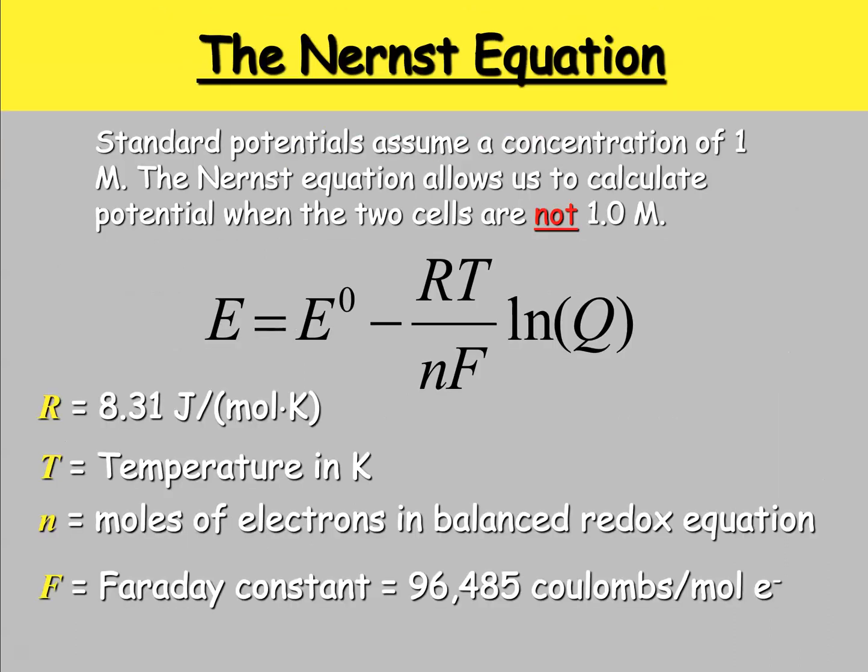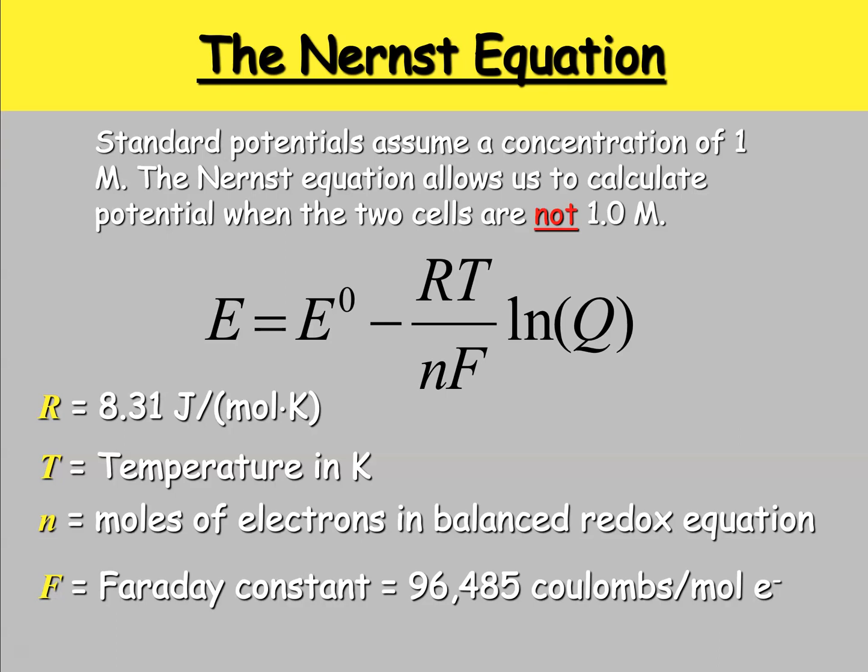Alrighty then. Brings us to the Nernst equation. This is a little double-edged sword. The Nernst equation has been removed from your equation sheet, which means mathematically you will not be solving it, which is a shame because the Nernst equation is like the foundation of electrochemistry. All parts in here you are familiar with.